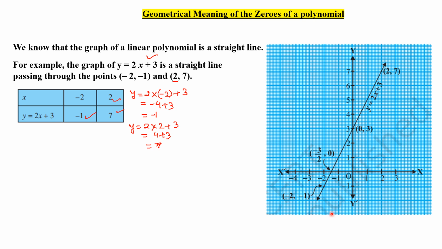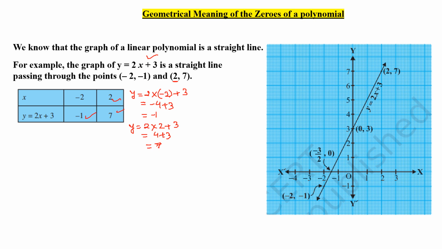And you can see this straight line is intersecting at this point, which is between -1 and -2, and this coordinate is (-3/2, 0), isn't it? We have already studied how to find the zeros of a polynomial. Here this is a linear polynomial 2x plus 3.